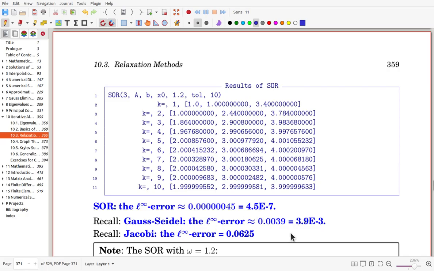Gauss-Seidel is 3.9 times 10 to the minus 3, and Jacobi is 0.0625. So SOR is way better than Gauss-Seidel or Jacobi. Of course, Gauss-Seidel is twice as fast as Jacobi, but SOR is way faster than Gauss-Seidel.